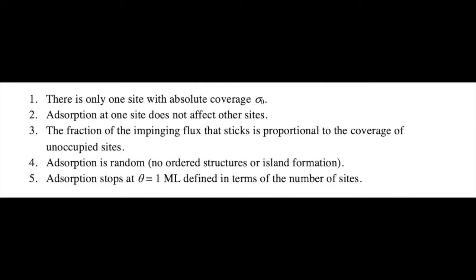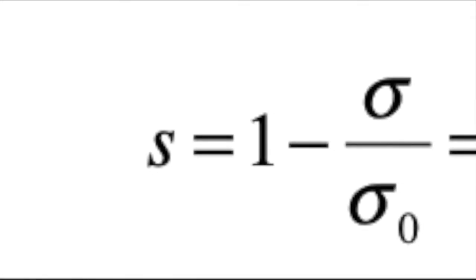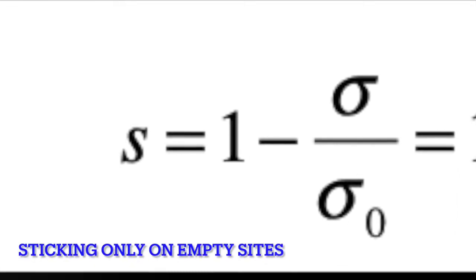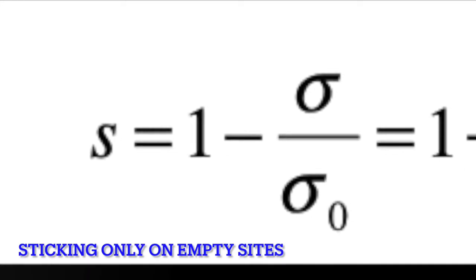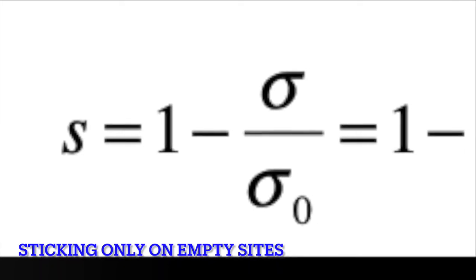The next step is to define the behavior of the sticking coefficient S as a function of coverage, the fractional coverage, theta. Let's assume a non-activated adsorption, and so everything sticks if it hits an empty site and nothing sticks if it hits a filled site.